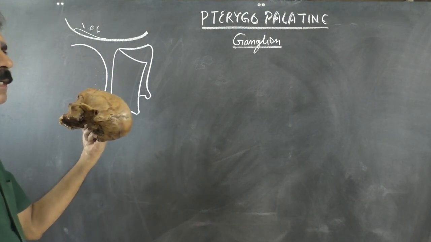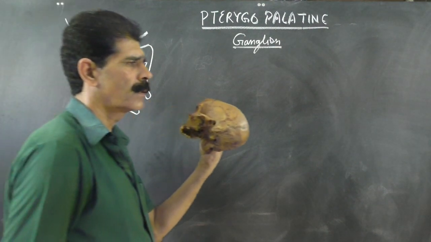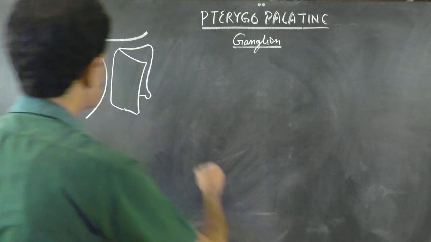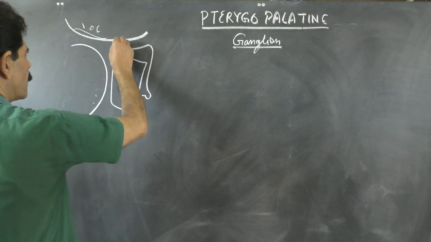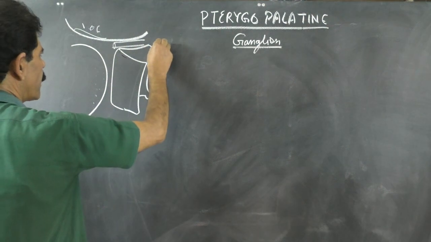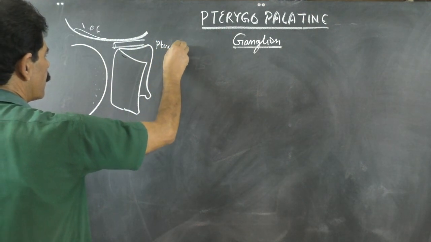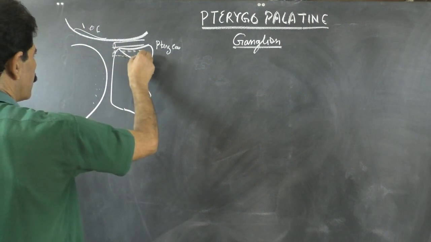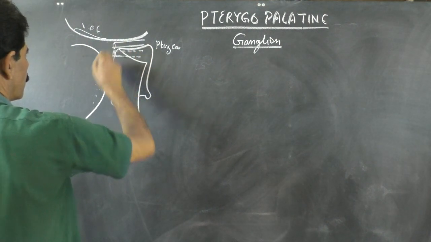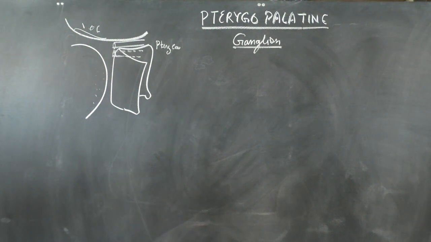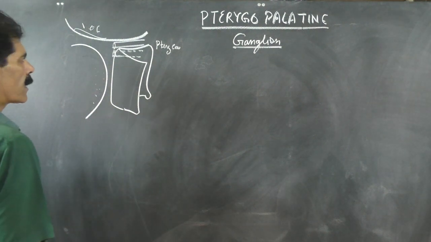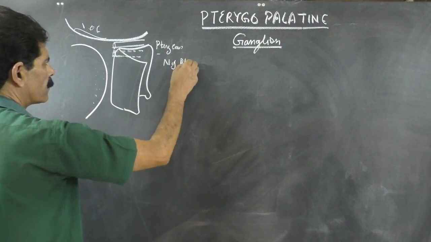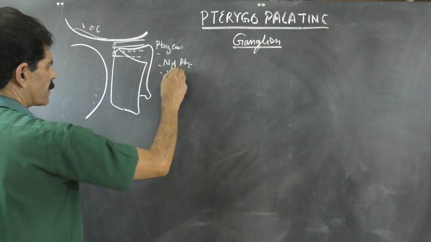In the posterior wall there are three openings. The uppermost is the pterygoid canal, which contains the nerve of the pterygoid canal and the vessels.